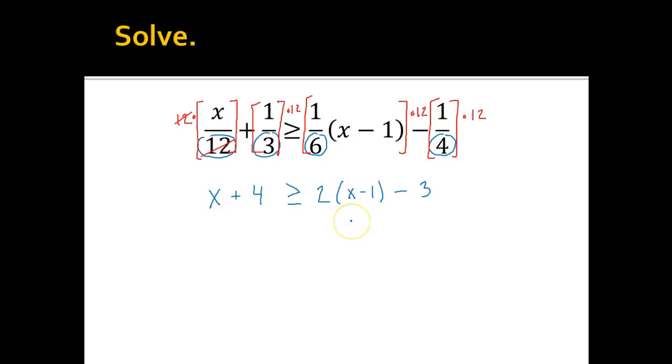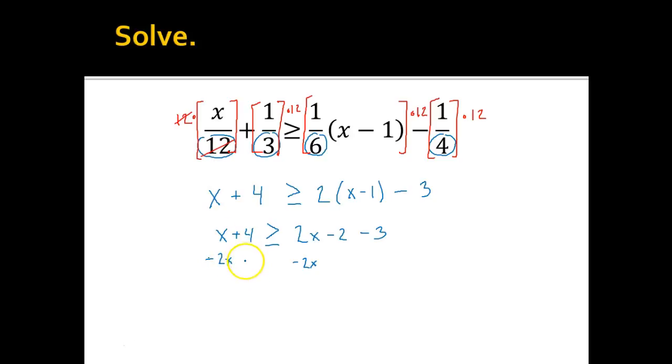And now we have the exact same inequality, but much easier to deal with. So x plus 4 can't really be simplified all that much. Greater than or equal to 2 times x minus 1 is 2x minus 2, and then that minus 3. All right, so that's pretty easy. We want to get all the x's on one side, so I'm going to subtract 2x from both sides, so I'll have all the x's on the left.